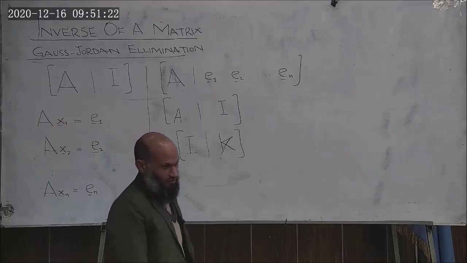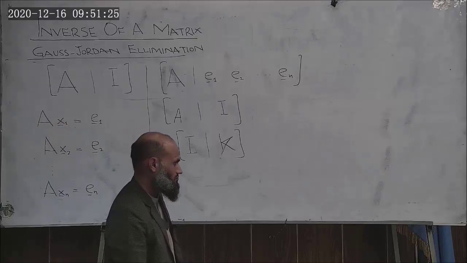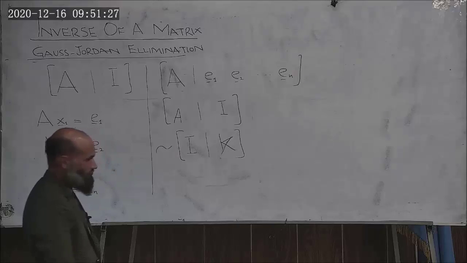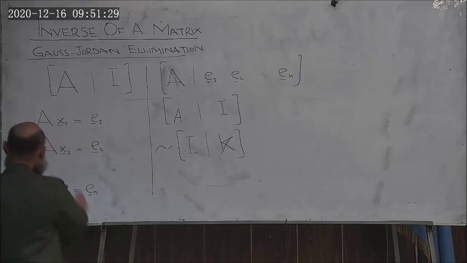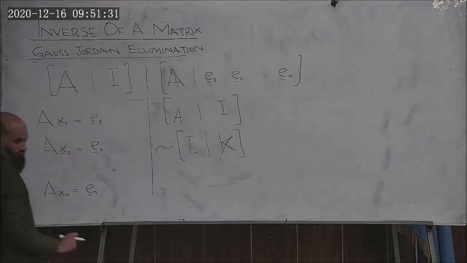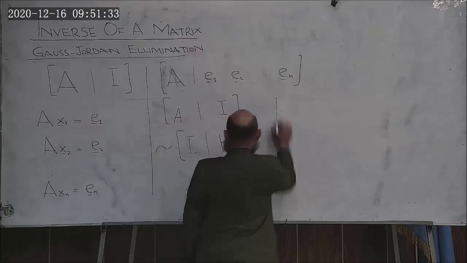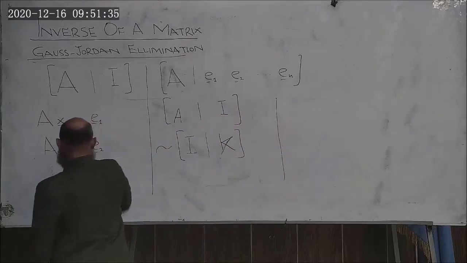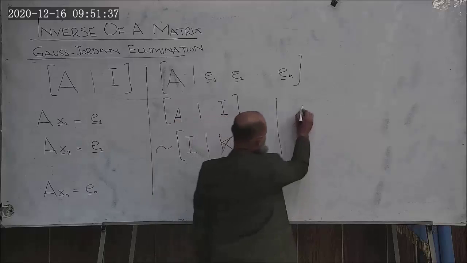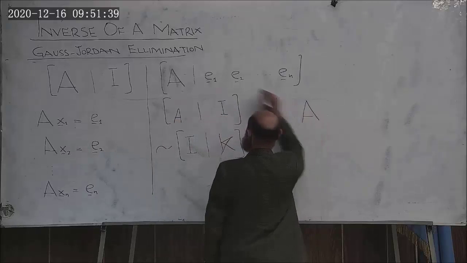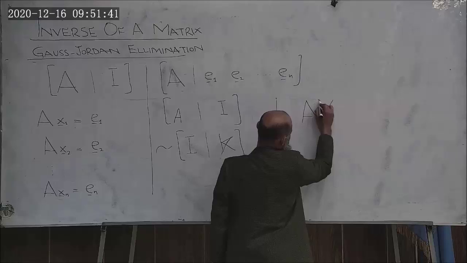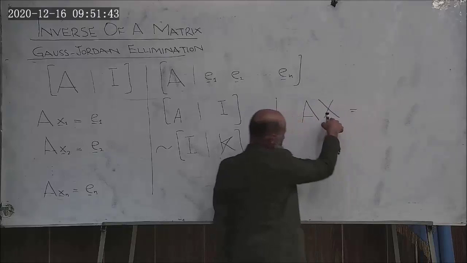So what do you get from here? The solution of which equations? If I collect the columns over here, x1, x2, up to xn, what is this system of equations? A multiplied by X, where what is this capital X?